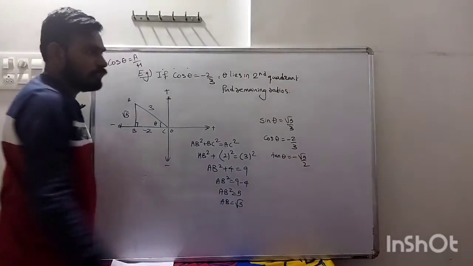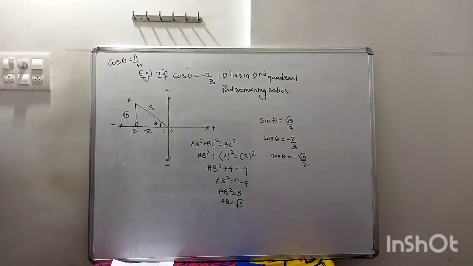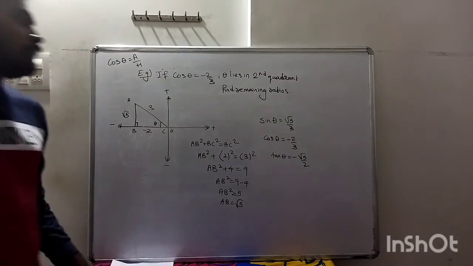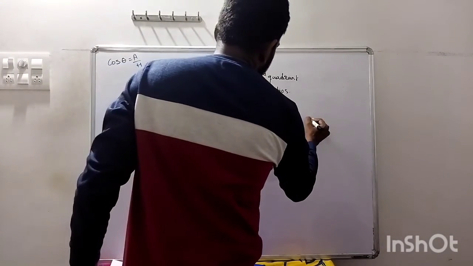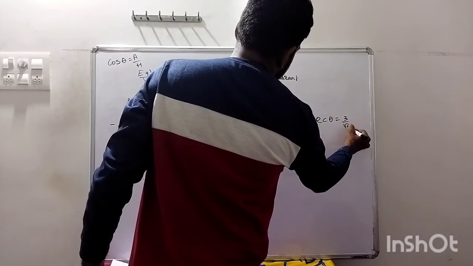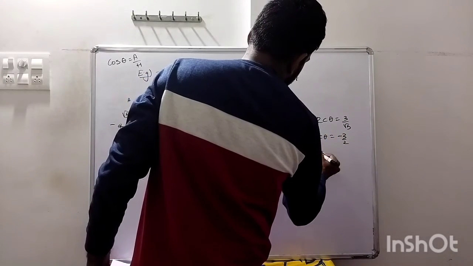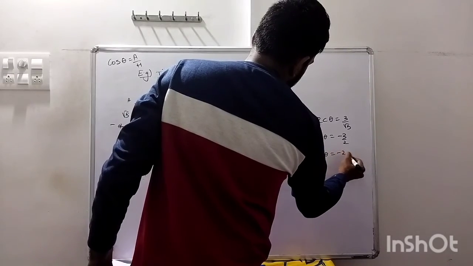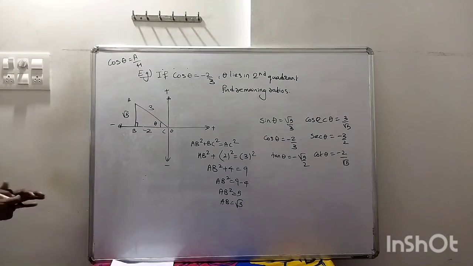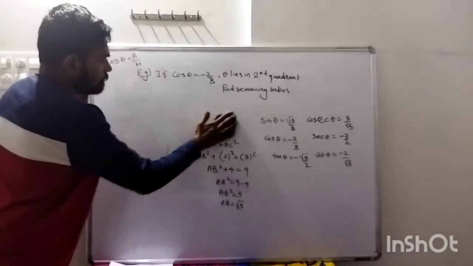Cosec theta is the reciprocal of sin, 3 upon root 5. Sec theta is minus 3 by 2 and cot theta is minus 2 by root 5. Here we needed ASTC, but in this problem it was not much needed. I will show you how it is needed in the next problem.